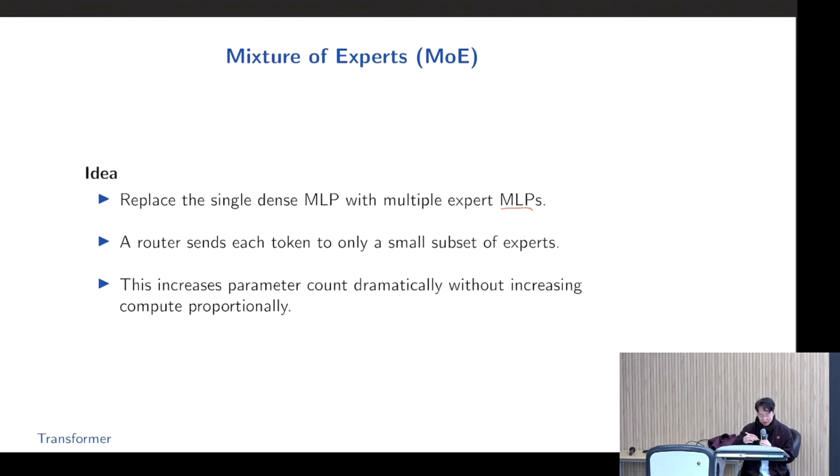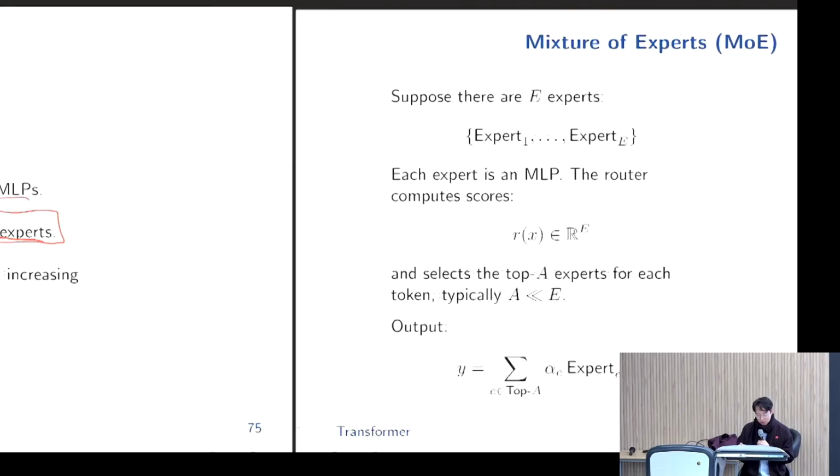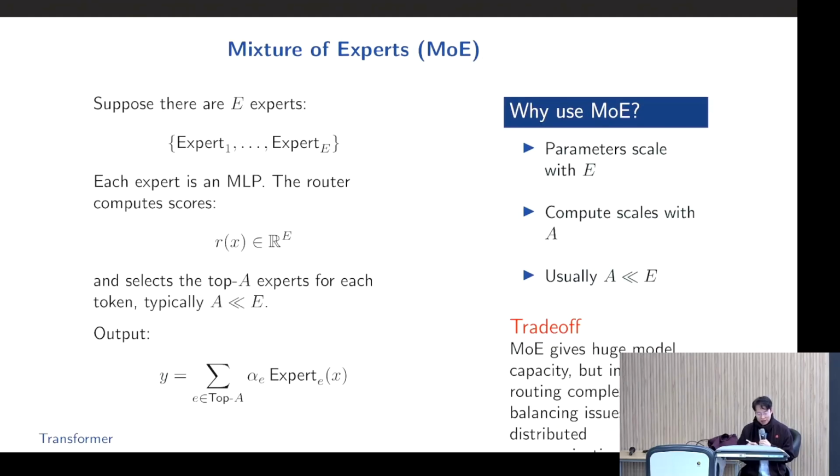They have what's called a router and a set of experts. In MoE, the E stands for experts, and say there are E number of experts. Each expert is an independent MLP or matrix multiply layer.